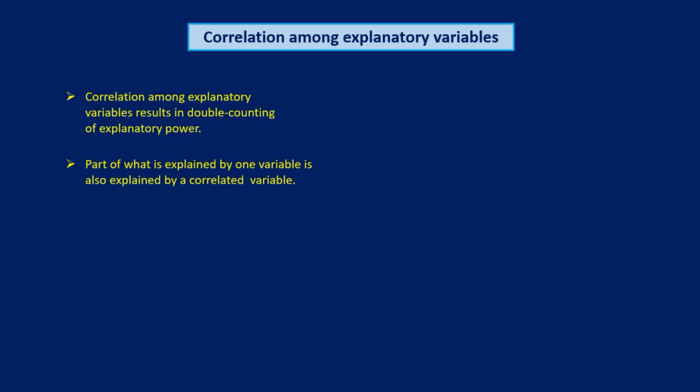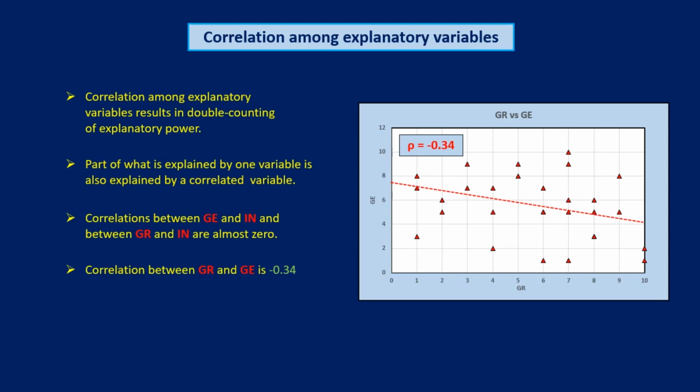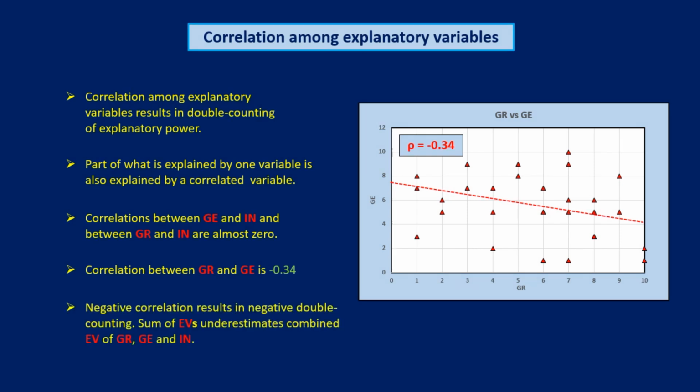It turns out that there is virtually no correlation between gr and in, or between ge and in. However, the correlation between gr and ge is minus 0.34, which is moderately strong. The negative correlation means that as gr increases, ge decreases on average.